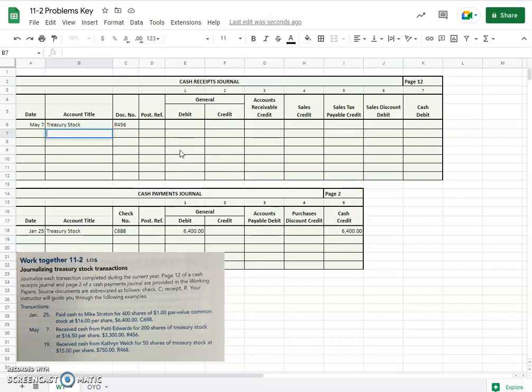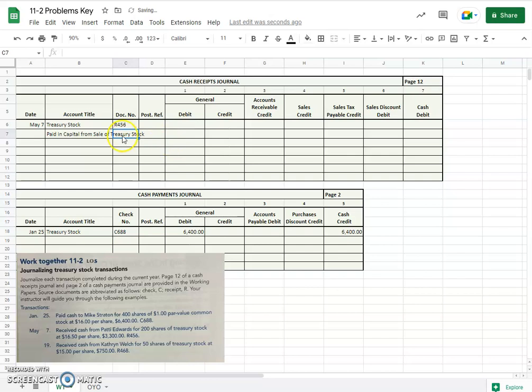Paid in capital from sale of treasury stock. Cool. Kind of ran out over there. So $3,200 would be $16 per share that we bought it at, right? And 200 shares of it.